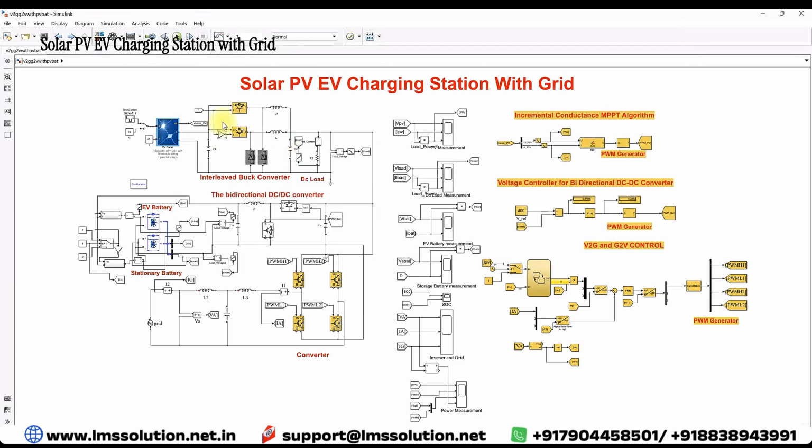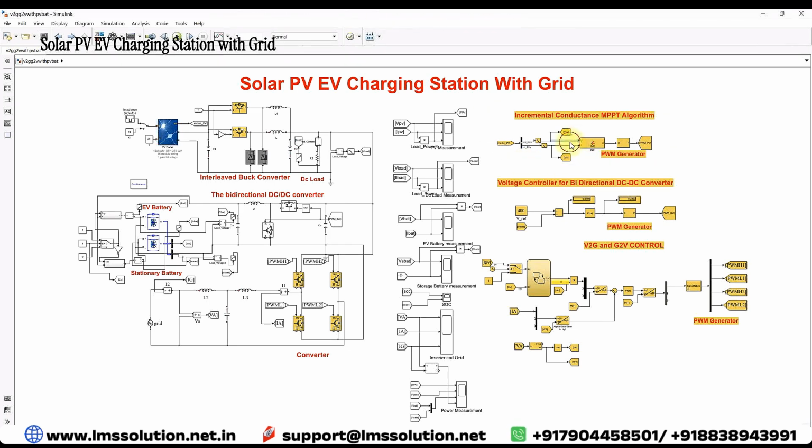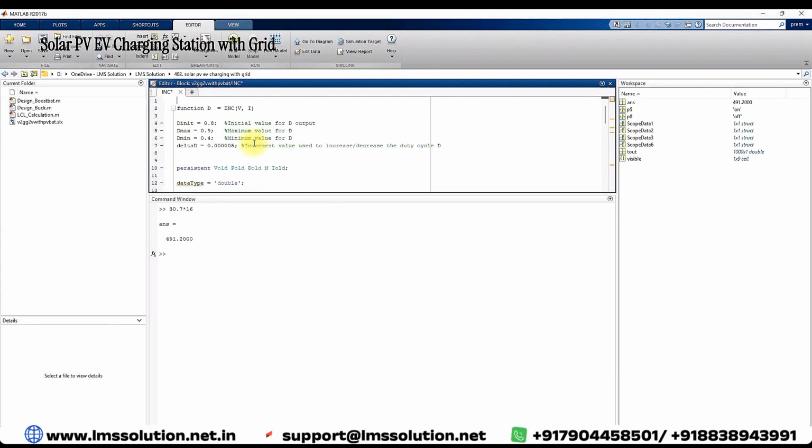In order to extract the power from the PV, this interleaved buck converter is controlled by means of incremental conductance MPPT. This incremental conductance MPPT receives two inputs, PV voltage and current. Based upon the PV voltage and current, here we initialize parameters: initial duty cycle, maximum duty cycle, and minimum duty cycle.